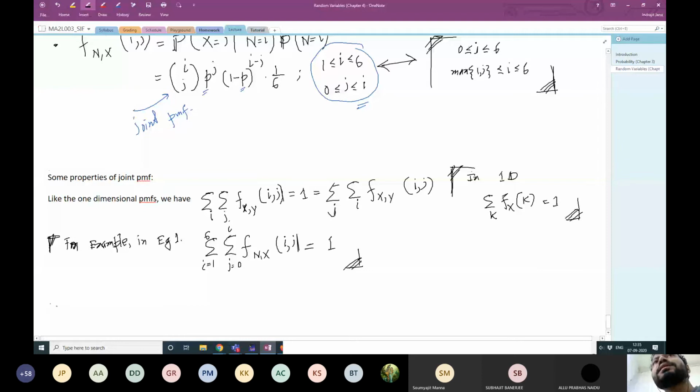Along the same line, there is a concept called marginal probability mass functions. What is the marginal probability mass function? Let X and Y be two discrete random variables.